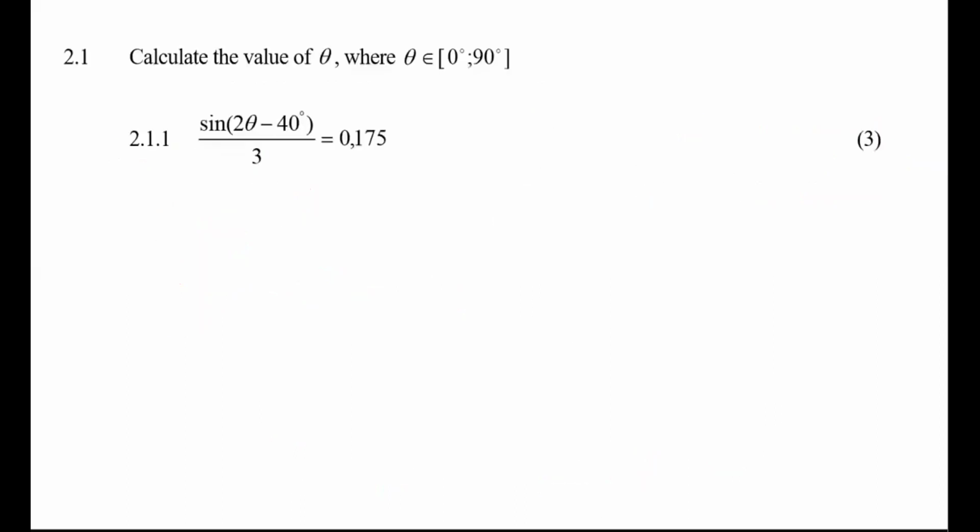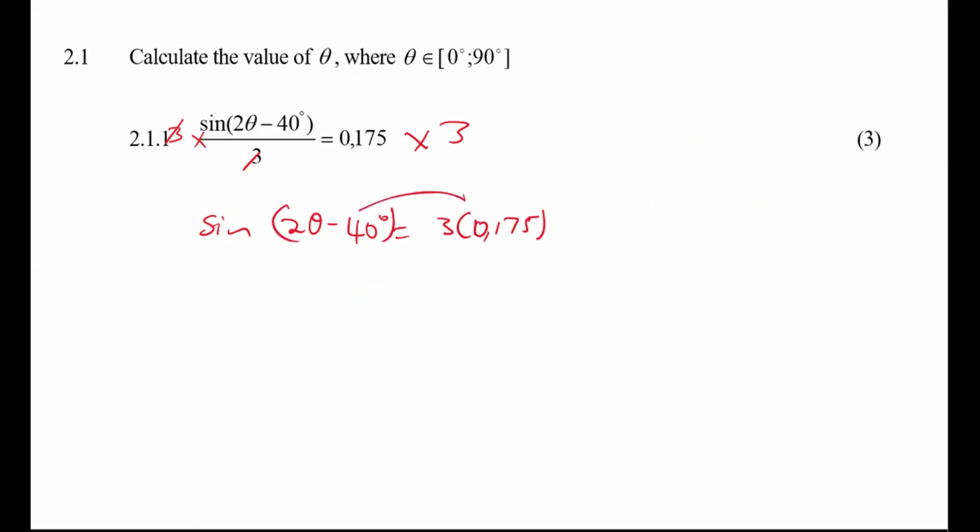And get into the last question. I saw that on the last question, you made an error somewhere. Multiply by 3 to cancel the 3. So 2 theta minus 4 degrees equals 3 into 0,175. Before you take this, remember this is inside.